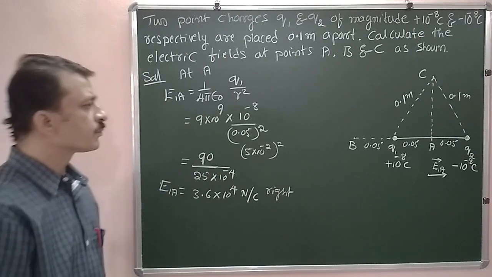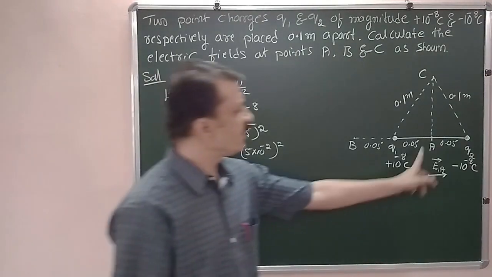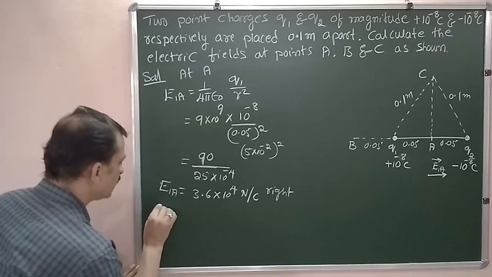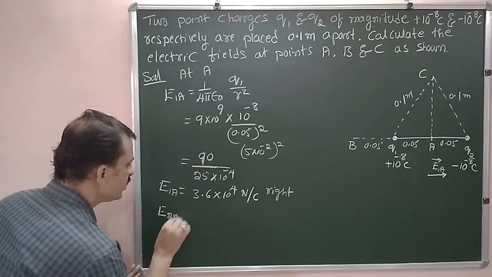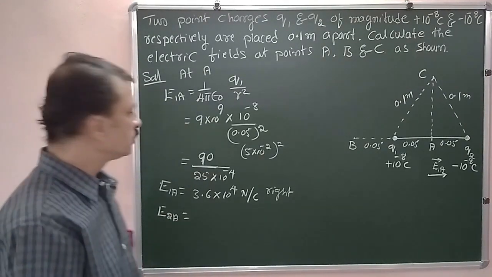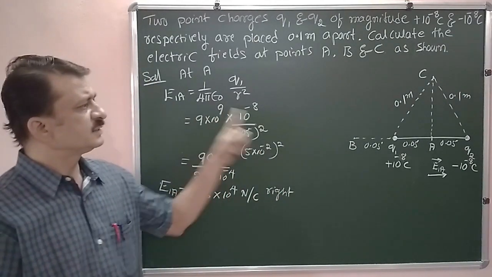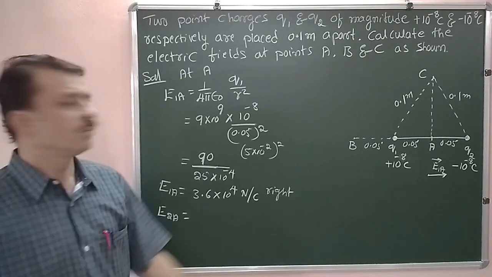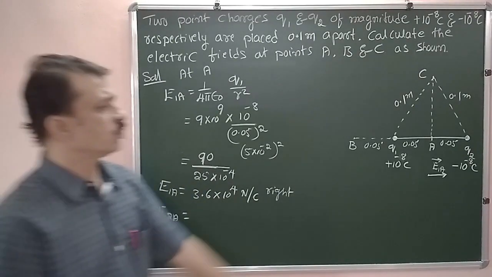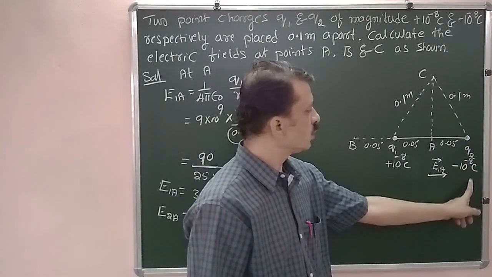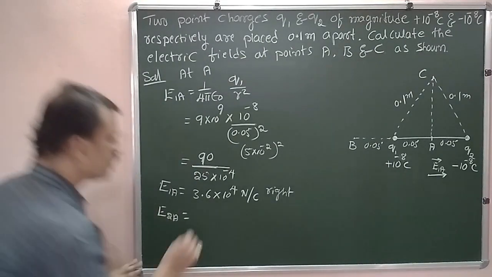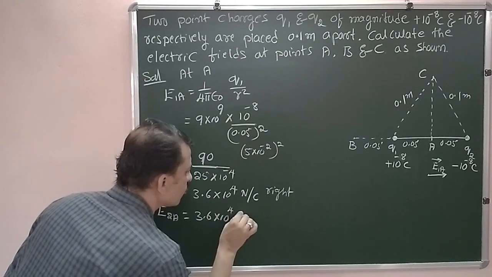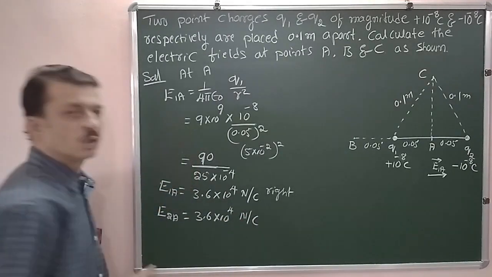Now similarly, the electric field at A due to the negative charge, let me write it as E2A. Since the charges have the same magnitude but opposite sign, the electric field at A due to the negative charge also has the same magnitude, 3.6 into 10 to the power of 4 Newton per Coulomb.